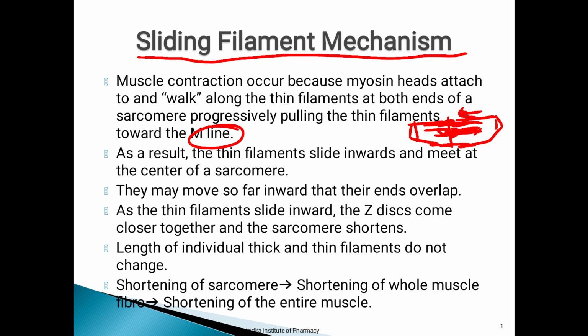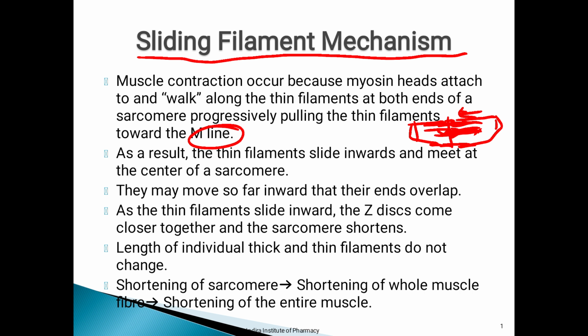As the thin filaments slide inward, the Z discs come close together and the sarcomere shortens. The lengths of individual thick and thin filaments do not change.